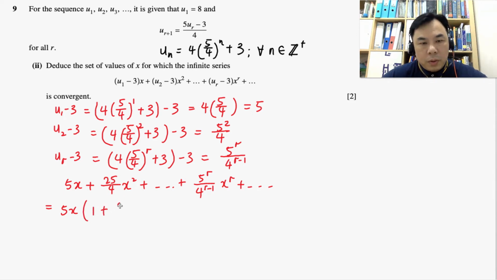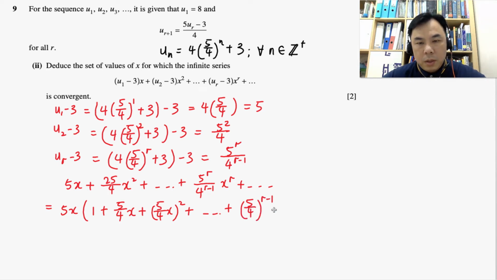And then we have our 5 over 4 x plus, you will notice that if you try out this term here, you would eventually end up with this, and so on and so forth, until we have, here we take out 1, 5, so therefore it will be 1 less here. We will have a 5 over 4 to the power r minus 1, x to the power r minus 1.